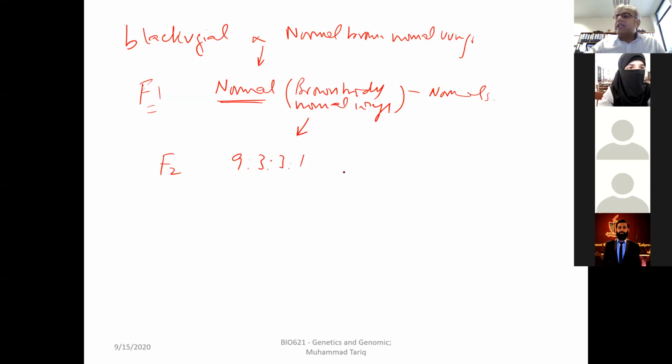In the Mendelian case, what do you expect? Let's write it down. Black vestigial will be small b, small b.